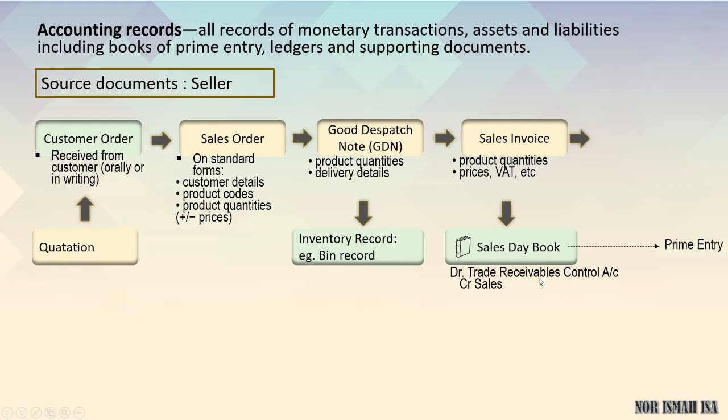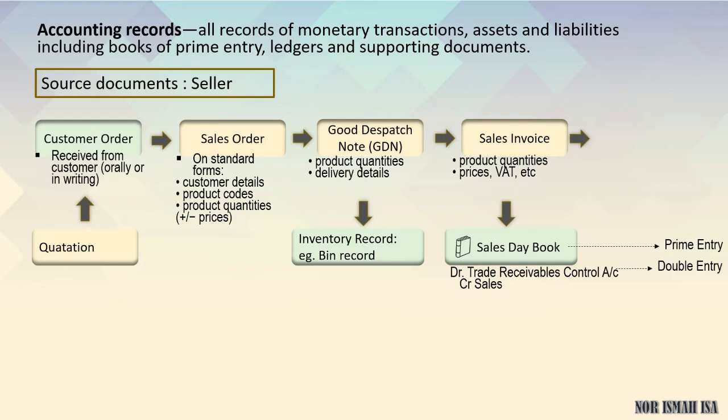In the book of prime entry, at the end of the month, all the amounts in the sales day book are totaled up, and this amount should be transferred, or posted, to the ledger, the nominal ledger, which is part of double entry.